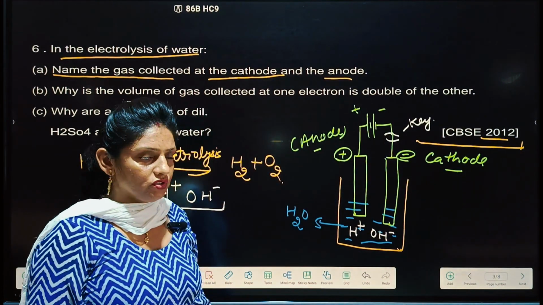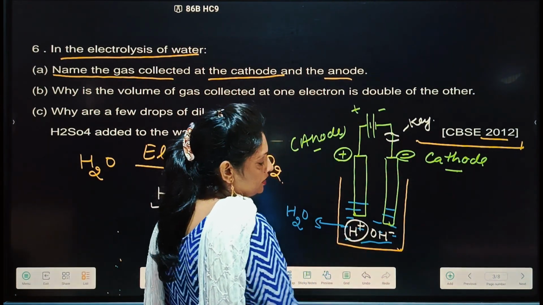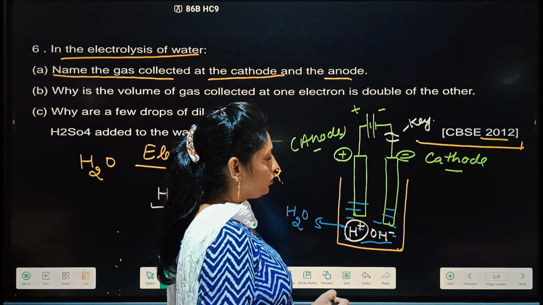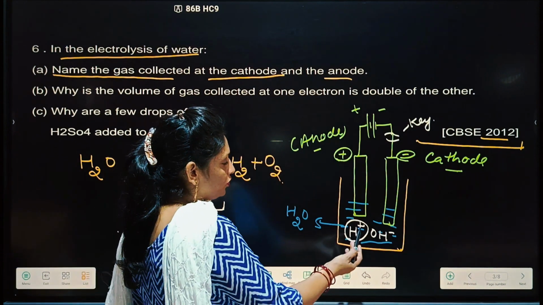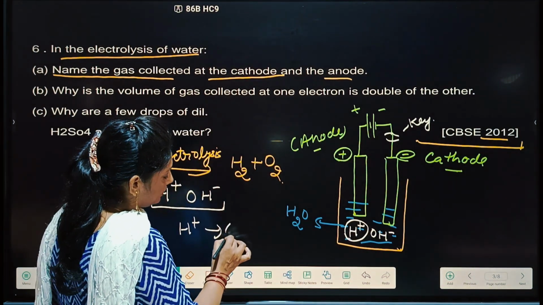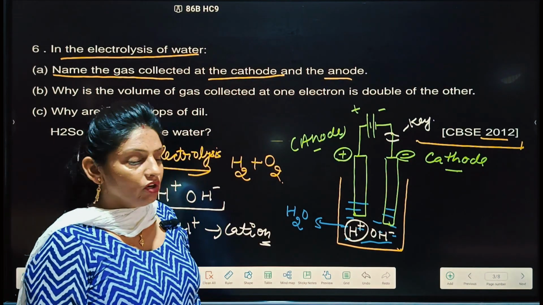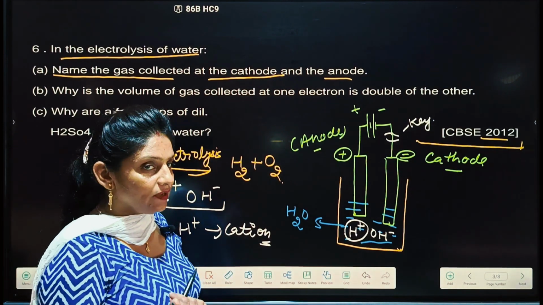Then students, H positive means it is electron deficient, so it needs some electrons. So from where can it take electrons? Positively charged ions are known as the cation, and cations go to which electrode? That is known as the cathode.